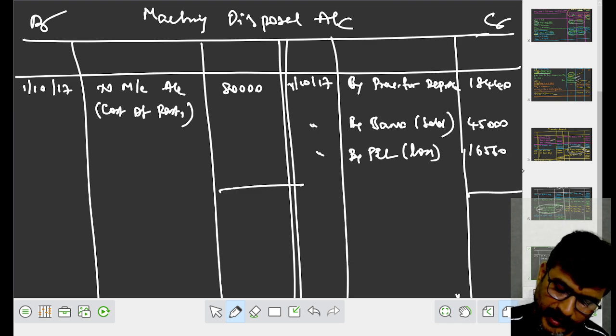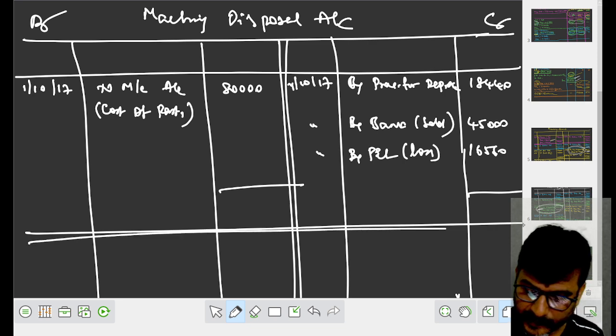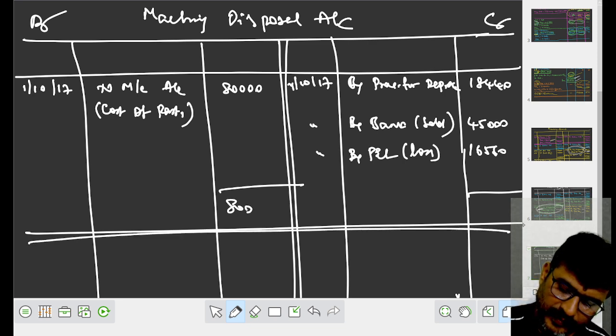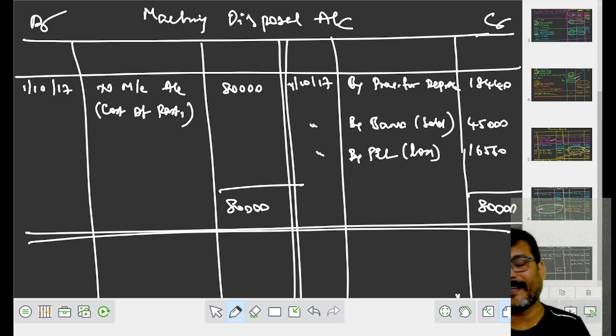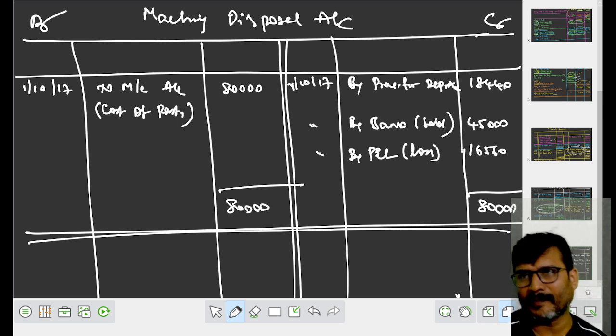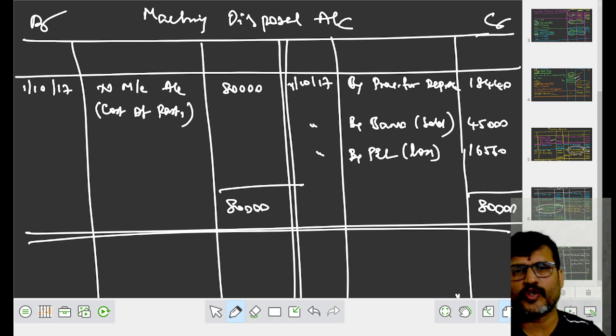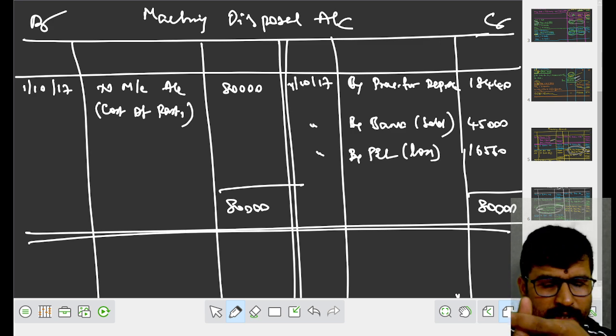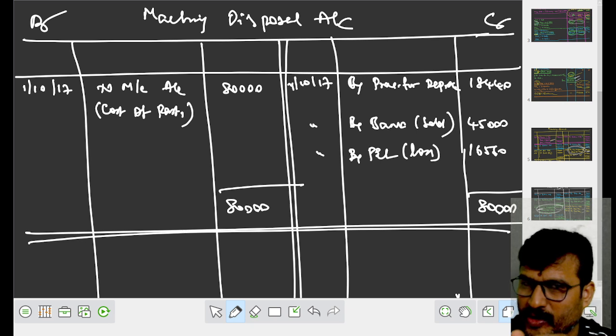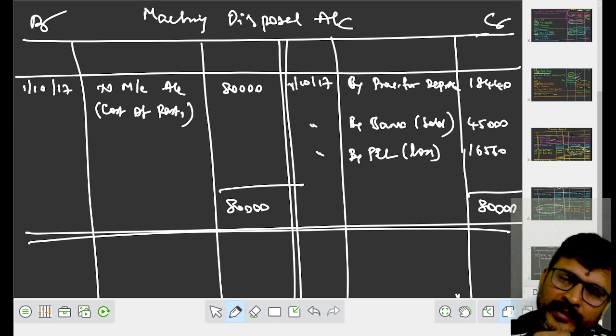Now my dear student, close it off. You are getting the same total on both sides, 80,000. That completes the problem. I hope you understood, my dear student. How many accounts do we have to prepare? One is the machinery asset account, another is provision for depreciation, another is disposal.